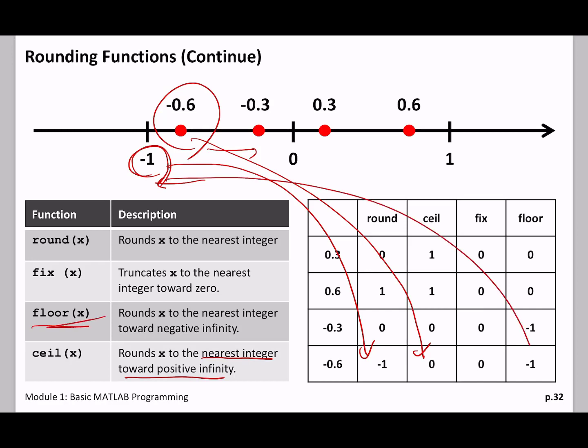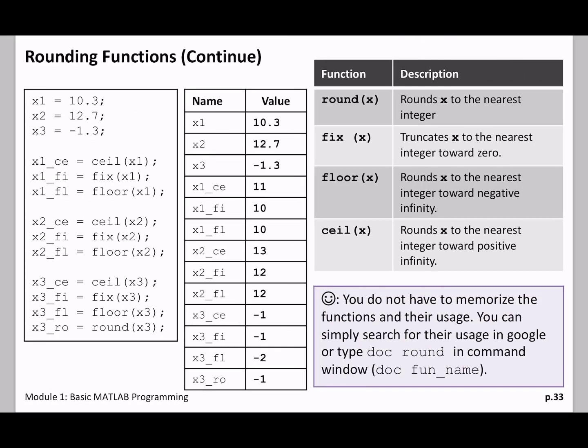The nearest integer toward positive infinity is 0, okay? Does it make sense? All right, so this is another example. I think you can understand how you compute this value from this script.